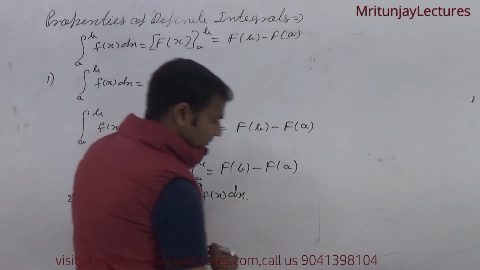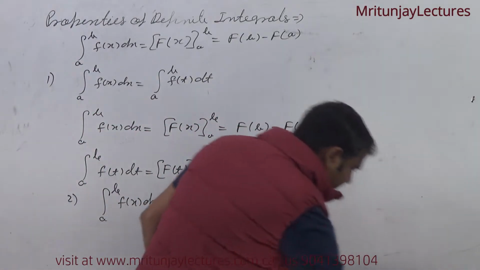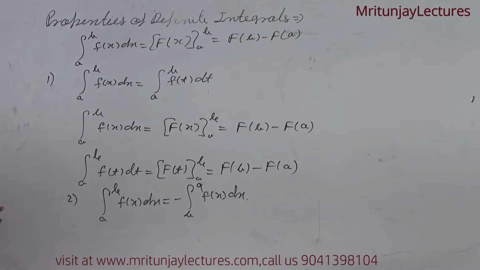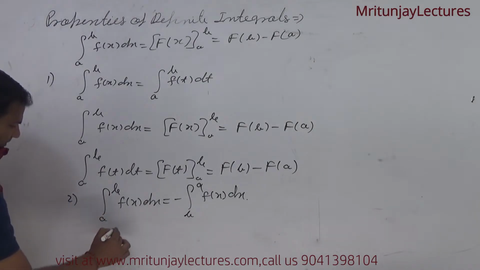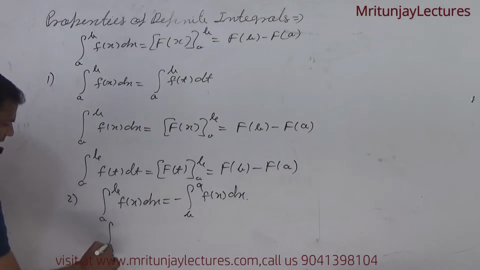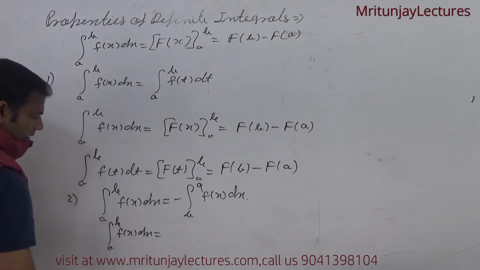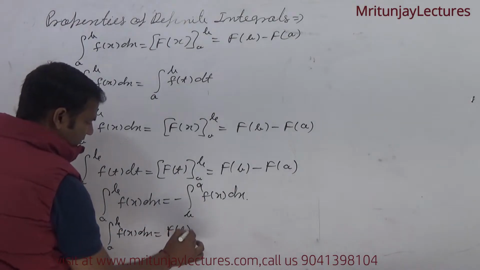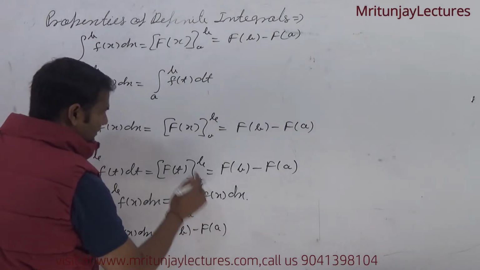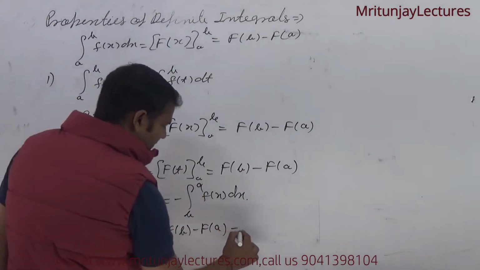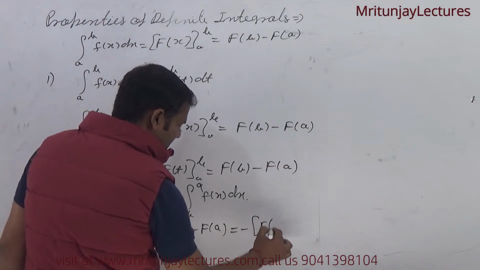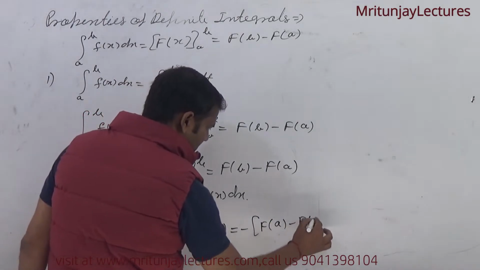You can also prove it here. From the left hand side, the integral from a to b of f of x dx is F of b minus F of a. If minus is common, then it is written as minus of F of a minus F of b.